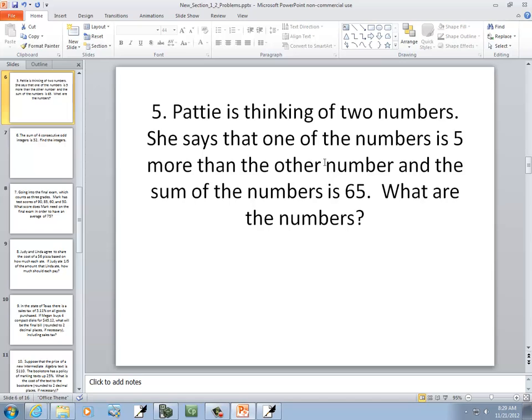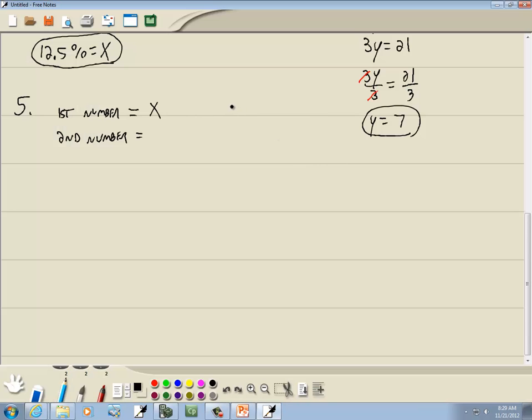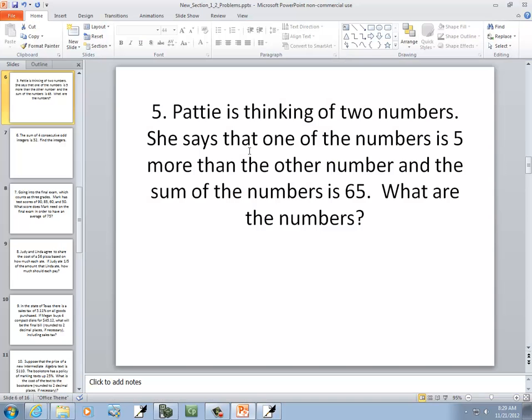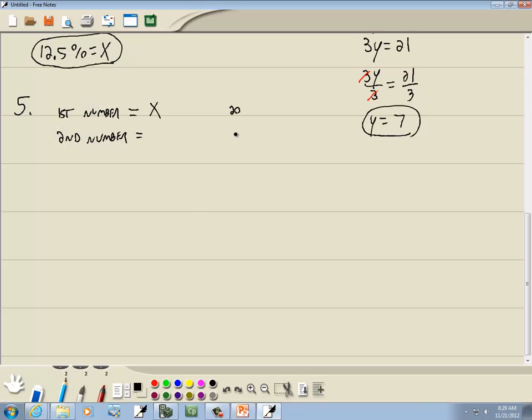Now she says one of the numbers is 5 more than the other number. Pretend that this is like 20. It's not, but pretend it's 20. 5 more than the other number. Well, that'd mean this would be 5 more, which would be 20 plus 5, or 25. Now think what you did here. We added 5, didn't we?